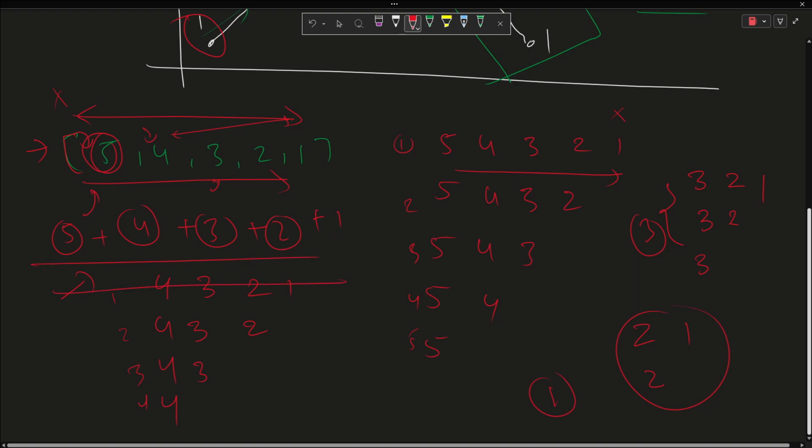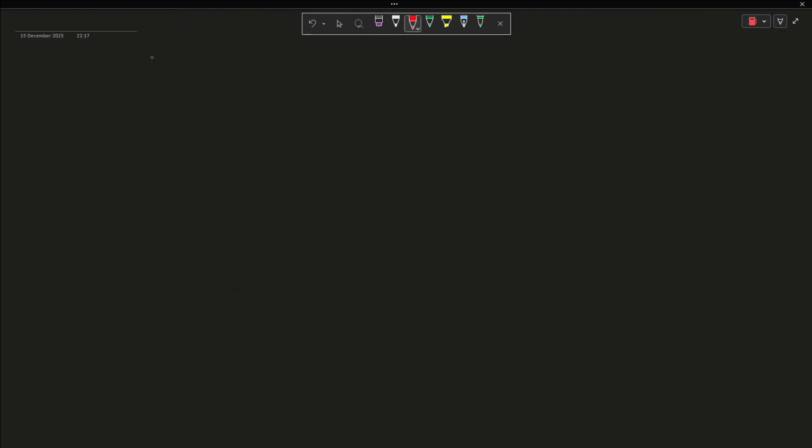So what is this 5 plus 4 plus 3 plus 2 plus 1? I'll write it here. This is basically 1 plus 2 plus 3 plus 4 plus 5. If we take n here, this is the sum of the first n natural numbers.